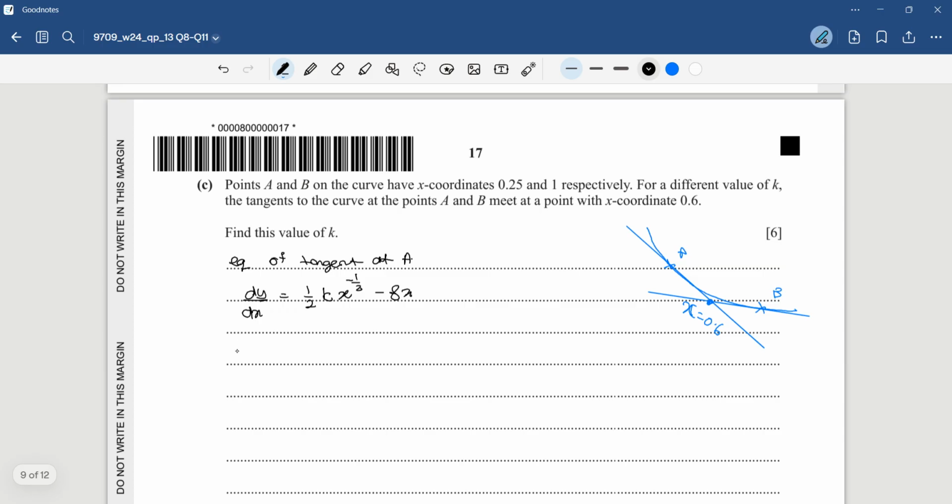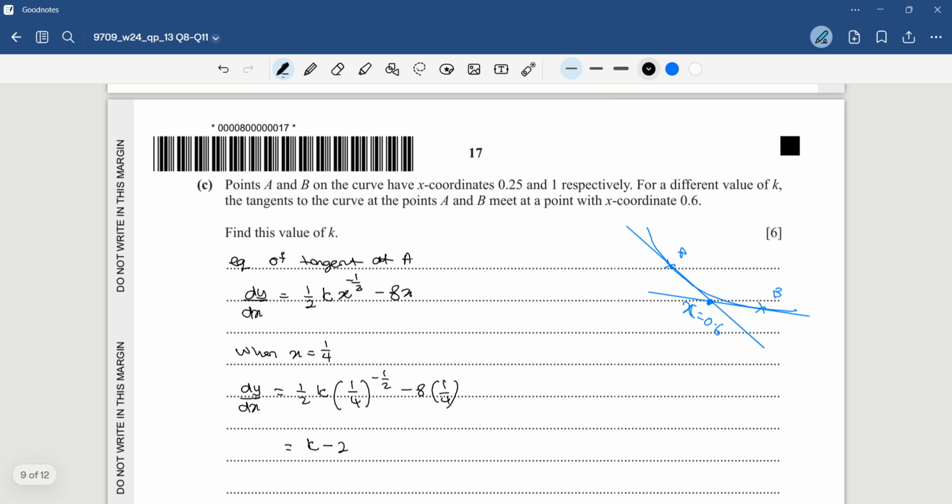Okay, so when x equal to 1 over 4, so 0.25, my dy over dx equal to 1 over 2 k, 1 over 4 to the power of negative half, minus 8 times 1 over 4, will be k minus 2.